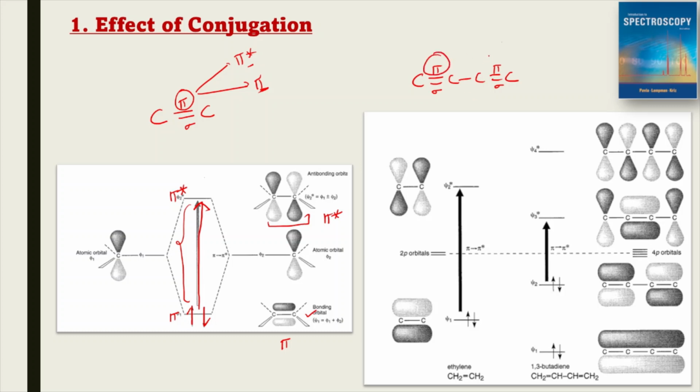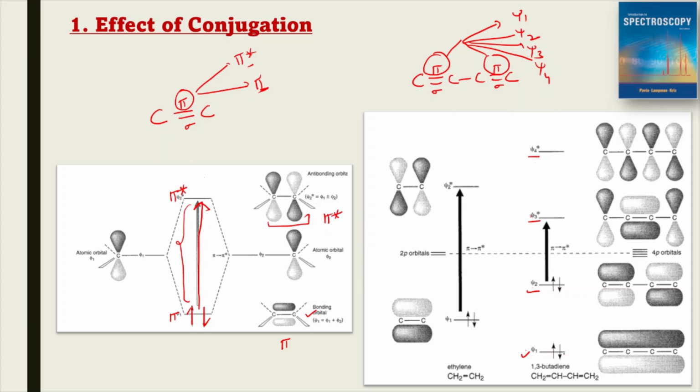When these two pi orbitals combine with each other, they are divided into four different orbitals called psi1, psi2, psi3 and psi4. The upper two, psi4 and psi3, are the anti-bonding orbitals. Psi1 and psi2 are the bonding orbitals.